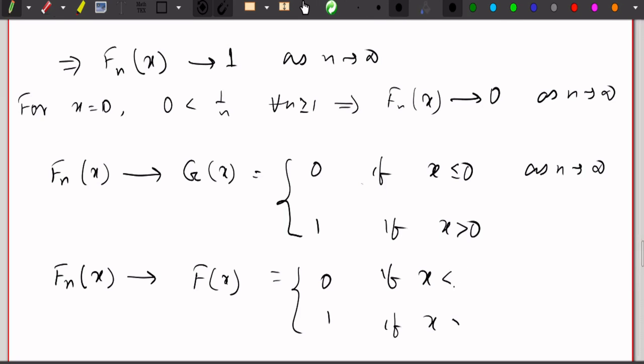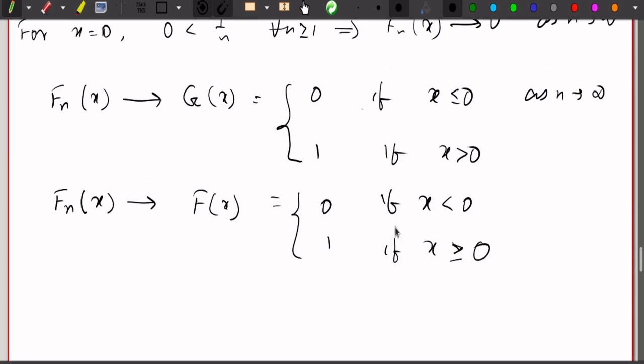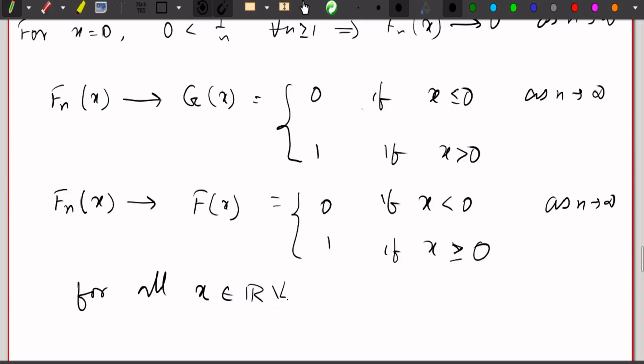And this convergence is true as n goes to infinity for all x belonging to R minus 0. At the point 0 this convergence is not there, because at the point 0 Fn converges to 0, not 1.